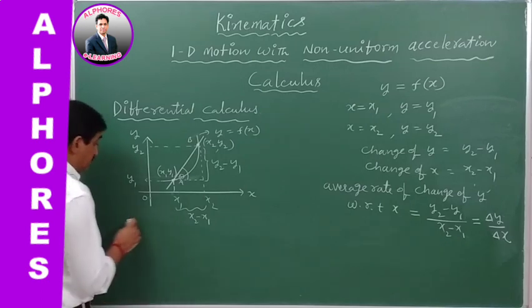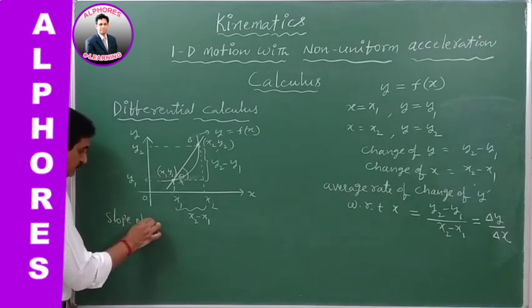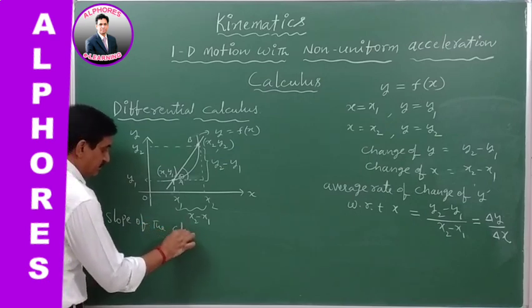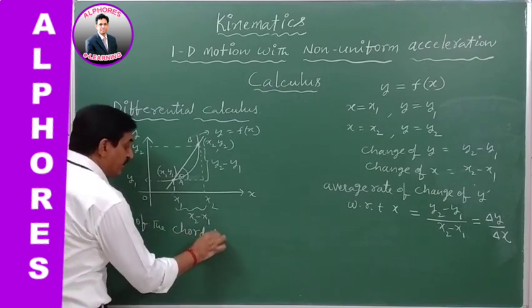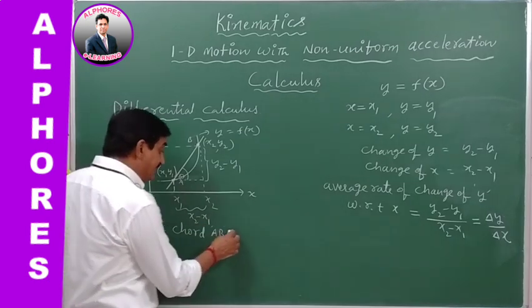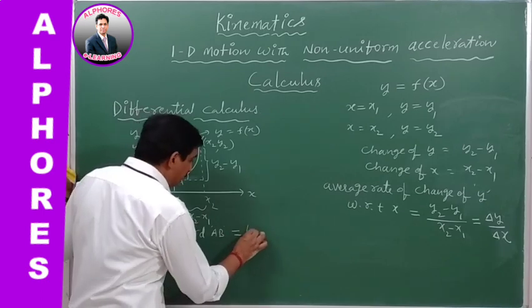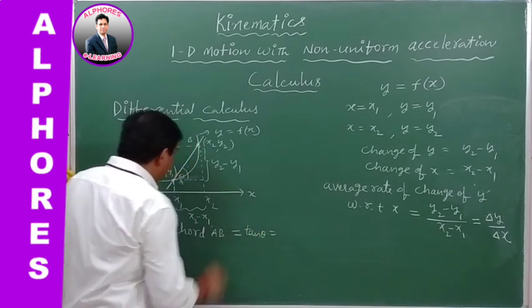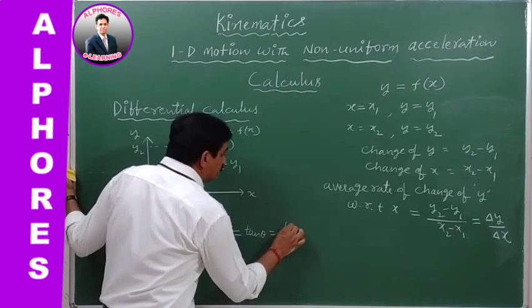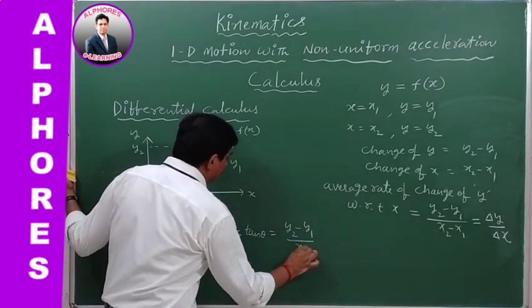Yes, here the slope of the chord AB is tan theta. Its slope is tan theta, of course, which is y2 minus y1 by x2 minus x1.